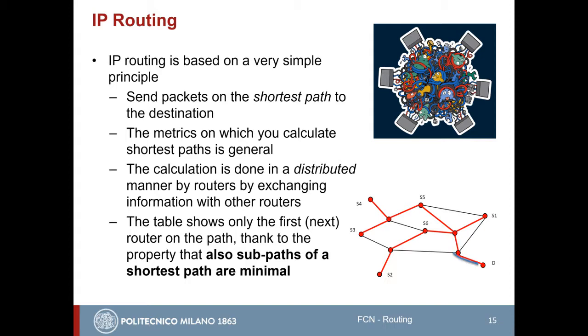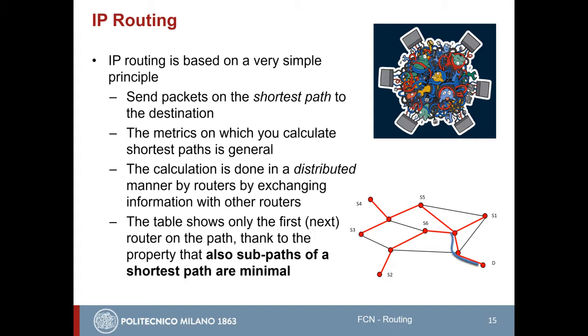So, for example, if I want to go to D from this node, this is the best path. If I want to go to D from the previous node, the path from this node to D contains the path from this node to D. Okay.